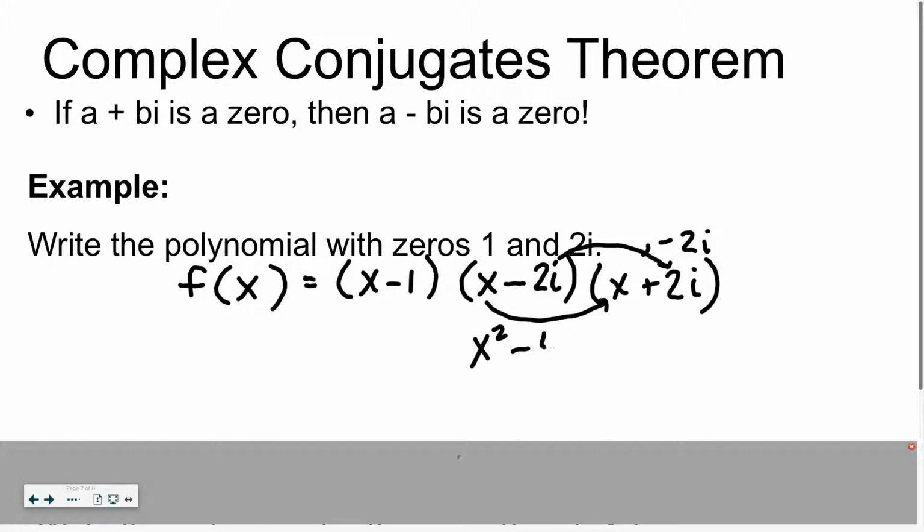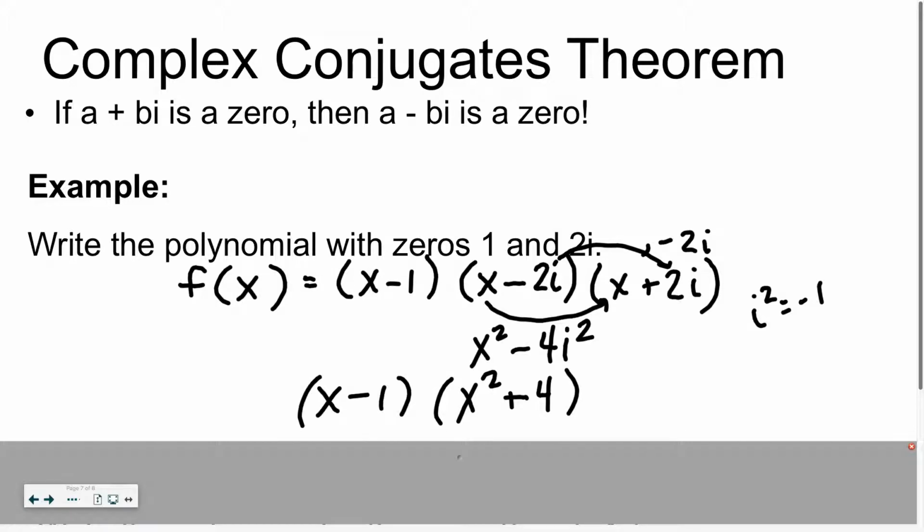That's negative 4i squared. And do you remember from chapter 3 what is true about i squared? It is negative 1. So this is really x squared plus 4 times x minus 1.